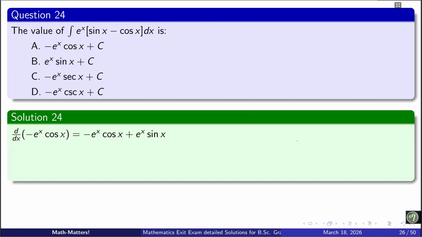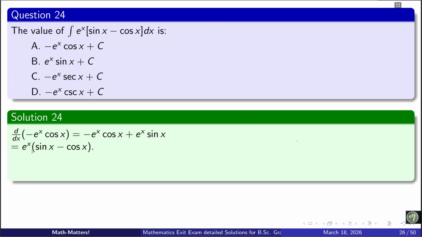If we apply the derivative of the product of functions, this is the derivative of the first function, minus e to the power of x itself, multiplied by the second, which is cos x, plus the derivative of the second, that is, the derivative of cosine of x is minus sine x, multiplied by minus e to the power of x. Minus times minus is positive: e to the power of x sine x.